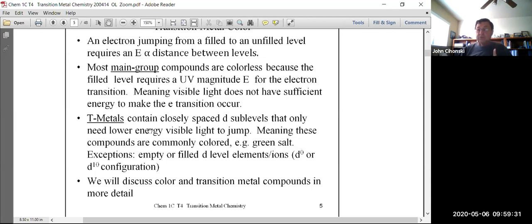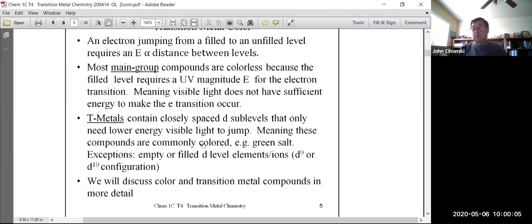Now, if we have transition metals and we see color, what does that mean? That means that if UV requires this much energy to jump, for visible we only require this much, a lower amount of energy, and it turns out the visible light just happens to be in the range in which these s to d orbitals, or between d orbitals, where those electrons can jump.